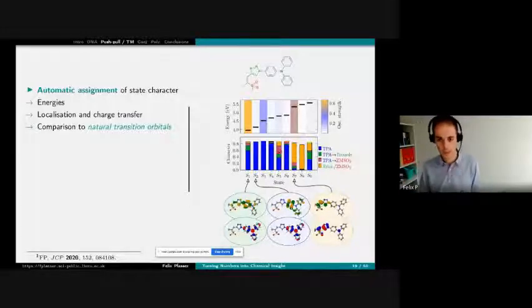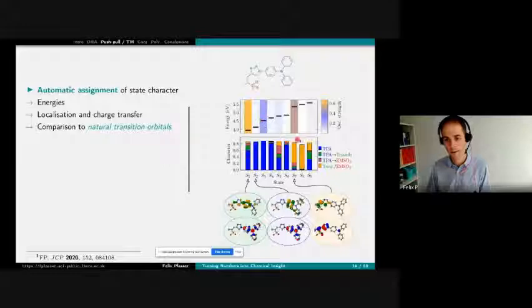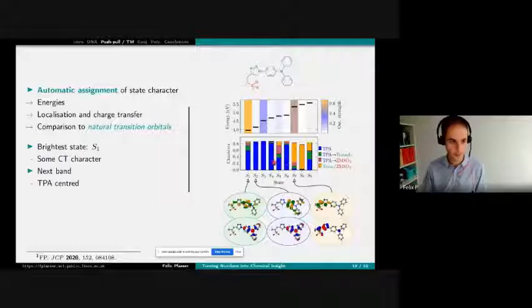Then, for example, the next 3 states are purely triphenylamine based. You can also compare this with the pictures, and this is also, of course, what the spectroscopists know, that TPA has its band down here. And then you can look at the other states. So, for example, anything happening on the left side of the molecule is only at higher energies.